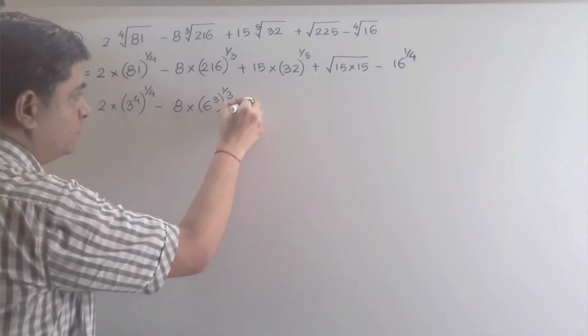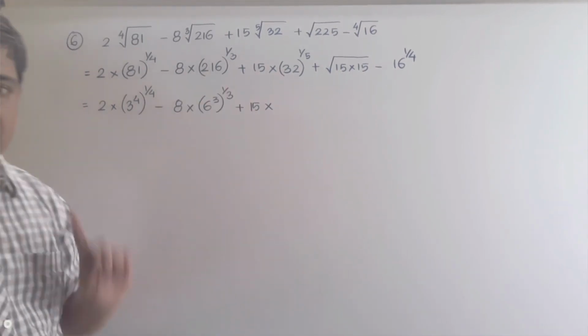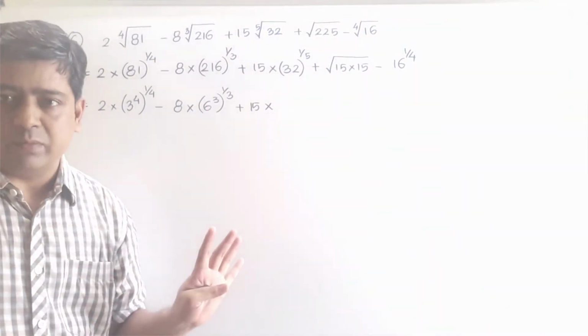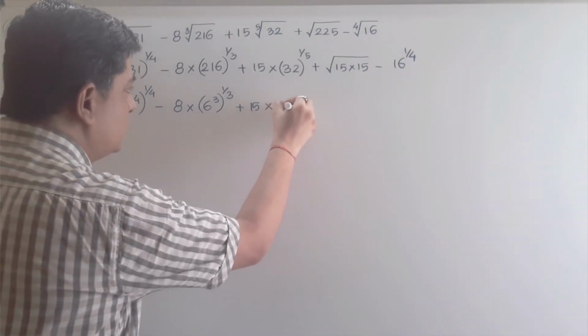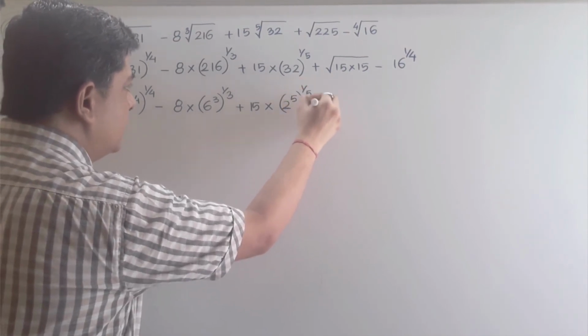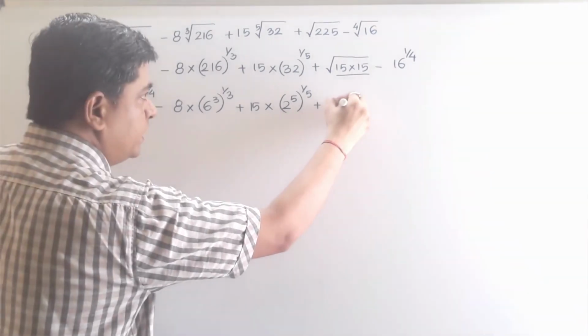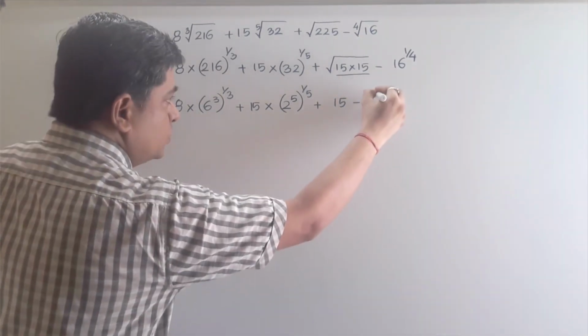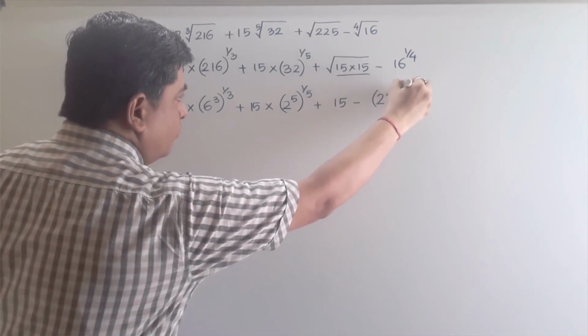Similarly 15 into, you know that if you factorize 32, then 2 will come 5 times, we have seen earlier. So 32 I am writing here as 2 to the power 5 whole power 1 by 5, plus here the pair is complete, so this will be plus 15 minus 2 to the power 4 whole power 1 upon 4.